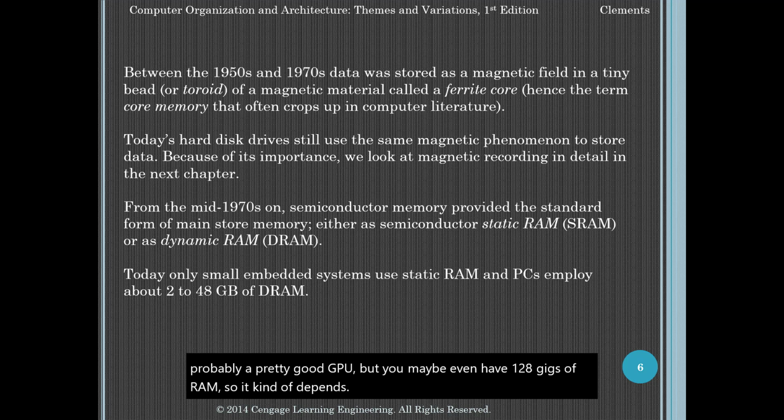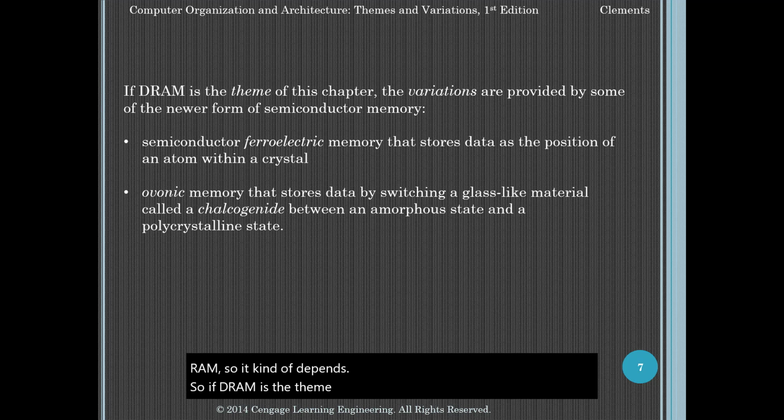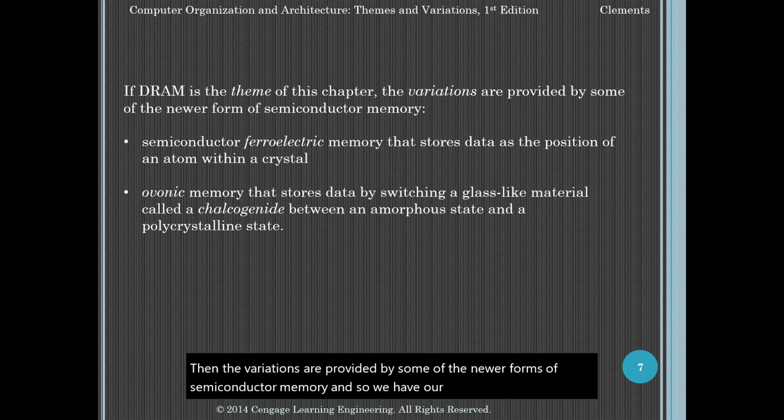So if DRAM is the theme of this chapter, then the variations are provided by some of the newer forms of semiconductor memory. We have semiconductor ferroelectric memory, which stores data as the position of an atom within a crystal. So we're starting to talk about things at the actual atomic level.